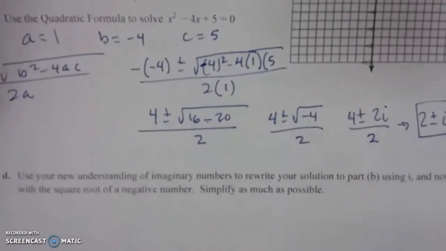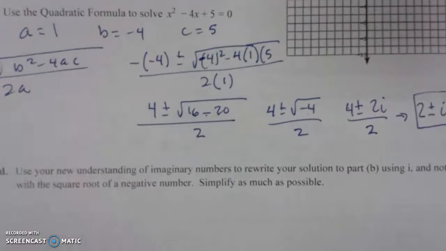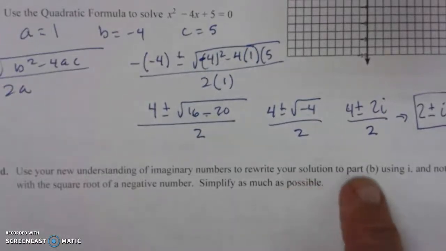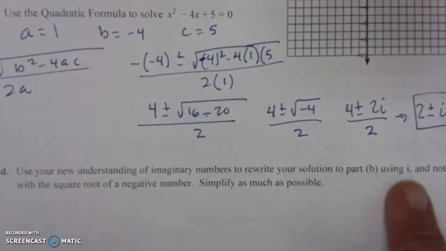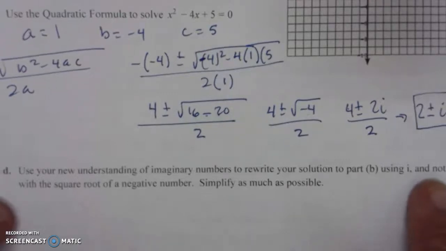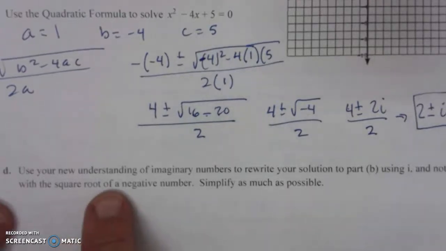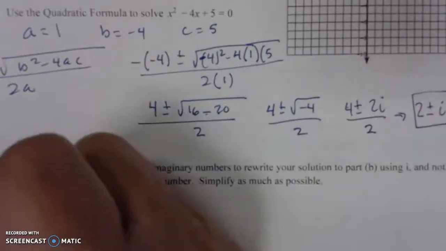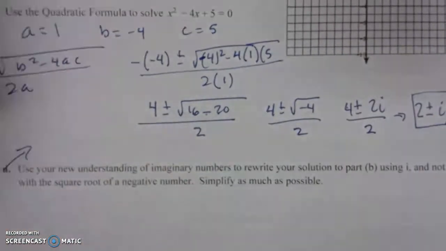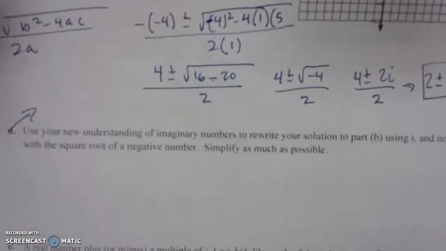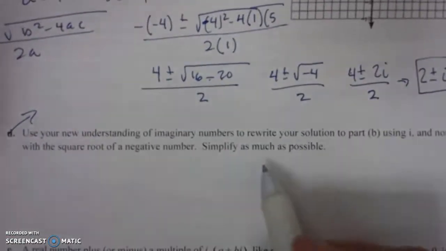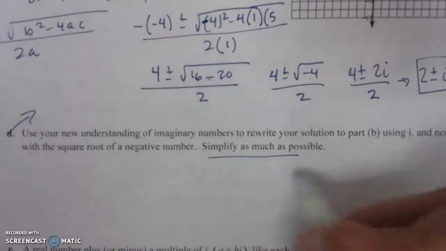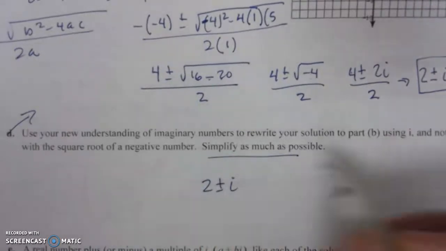Use our new understanding of imaginary numbers to rewrite your solution in part B using i and not with the square root of a negative number. Okay, so I basically did this in part C. That's already done. So we simplified it as much as possible and we got 2 plus or minus i.